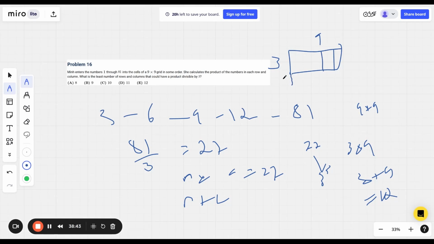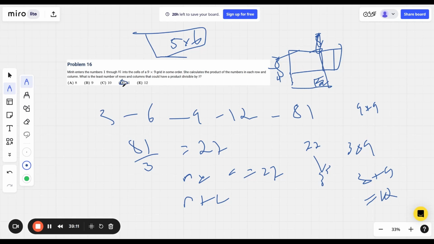We can have 4 and 8, 32, which contains 27. There's 5 times 6 also, which contains 27. So if we have 5 rows and 6 columns, we can group the 27 into some subset of these 30 cells, and it just has some remaining space here. Can we do even better? No, 5 times 6 is already really close together, so that gives us the minimum, 11. So D will be our answer for problem 16.